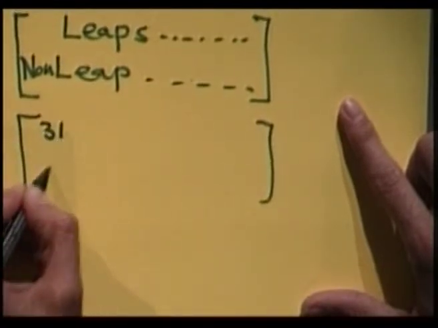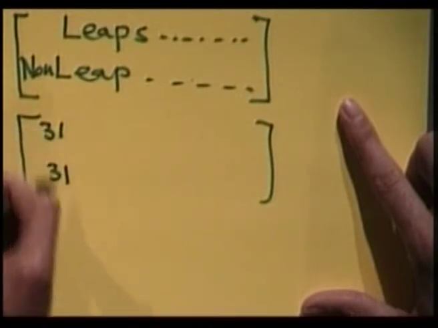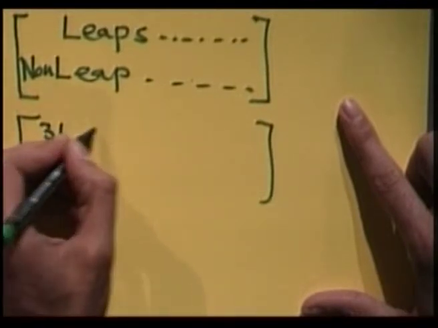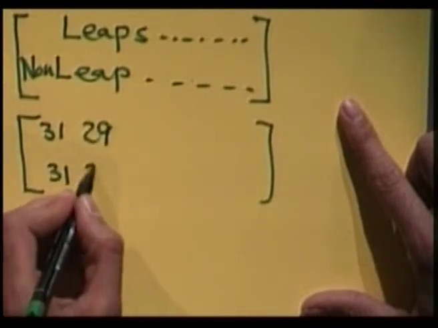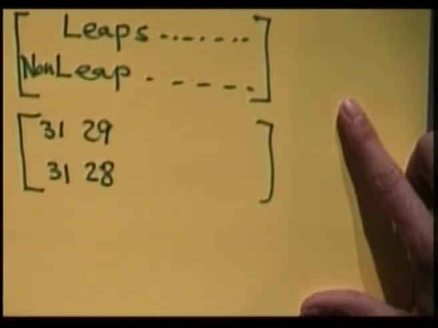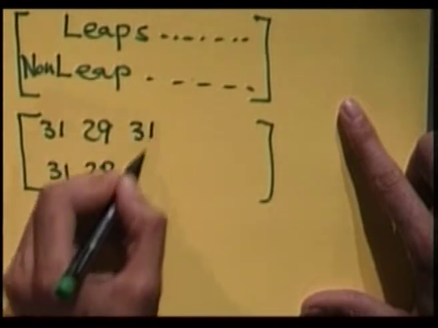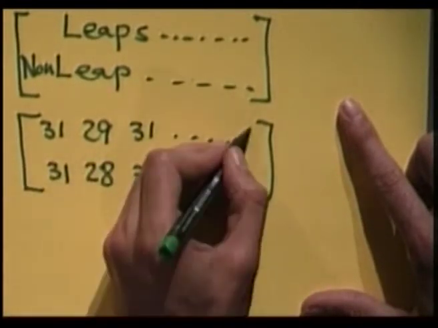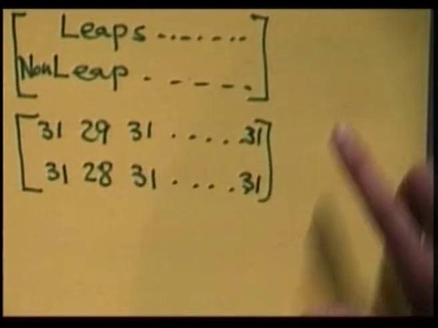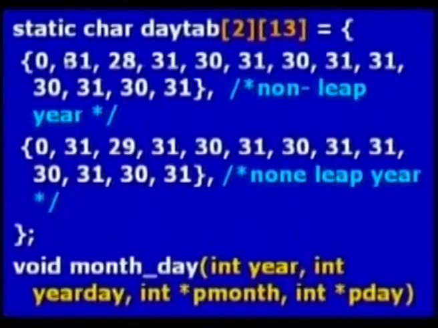January will be 31, whether we're talking about a leap or non-leap year. However, when it's leap, February is 29, whereas it is only 28 when we're talking about non-leap, and then 31, and we continue up to December, which has 31 days whether leap or non-leap. For that, we're defining this 2-dimensional array.